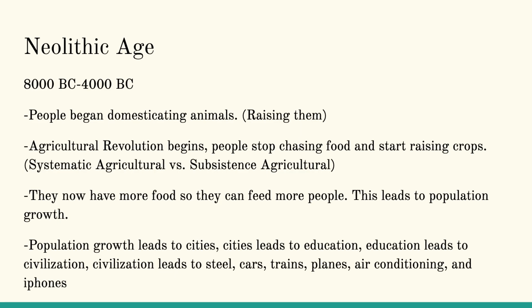The Neolithic age. Paleolithic means old stone, Neolithic means new stone, and you're going to write down the time period this occurs: 8,000 BC to 4,000 BC. During this time, we begin to domesticate and farm.